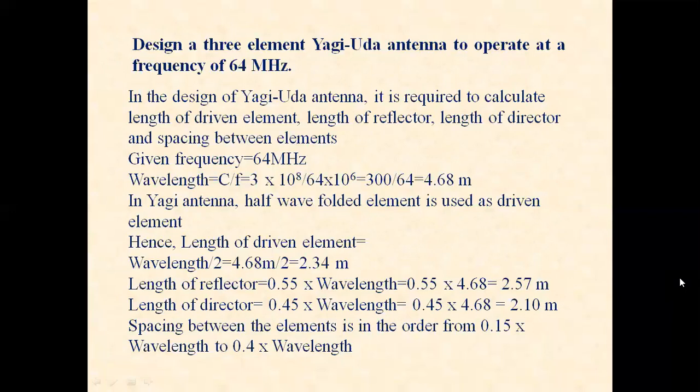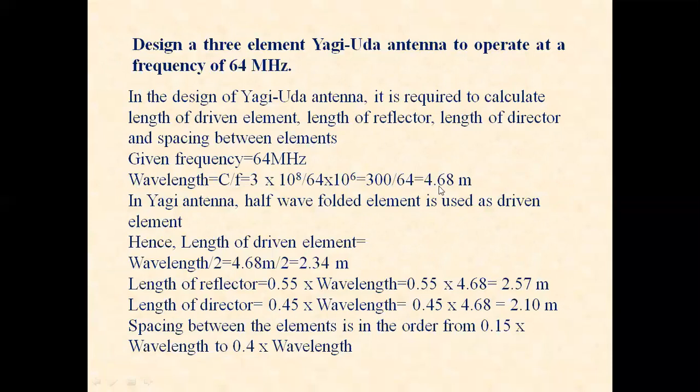Now design this antenna. In the design of the Yagi-Uda antenna, it is required to calculate the length of the driven element, length of the reflector, length of the director, and also spacing between the elements. The given frequency is 64 megahertz. Then we can calculate the wavelength by using the formula lambda equal to c by f. 3 into 10 power 8 divided by the frequency of operation, 64 into 10 power 6.